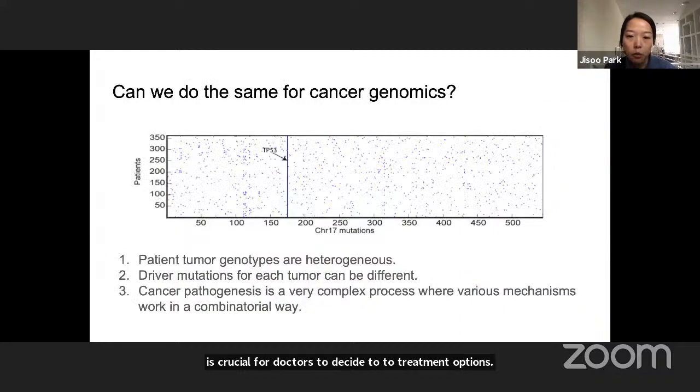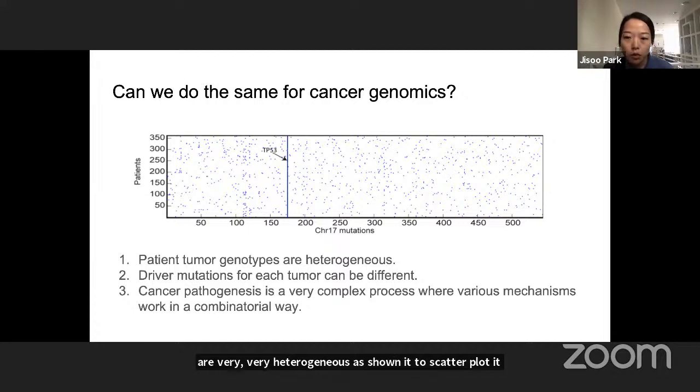And this is exactly what we try to achieve in the context of cancer genomics, to predict the drug response and explain the mechanisms underlying it in terms of the cell mutations. However, the problem gets more complicated when we enter the world of cancer genomics because patient tumors are very, very heterogeneous, as shown in the scatter plot.